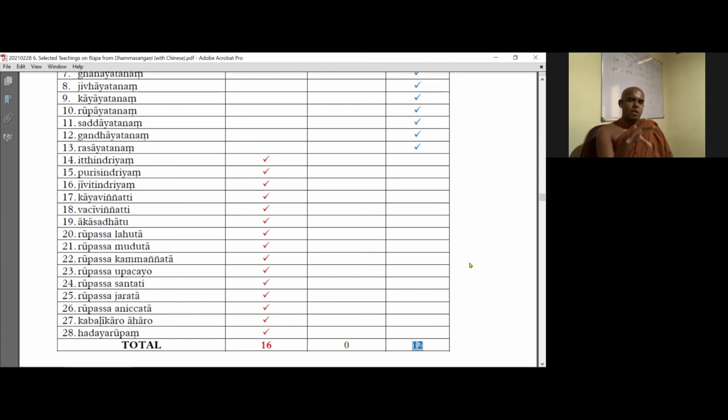But anyway, we already added the heart base to the chitta group according to our notes. Today we have classified into only 2 groups, the dukas, according to the Sangani book.